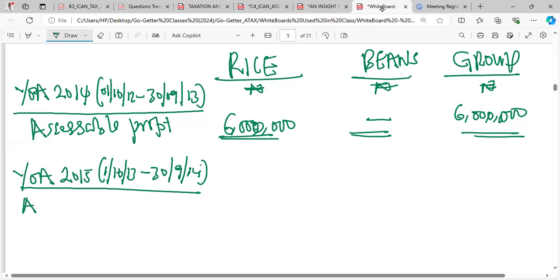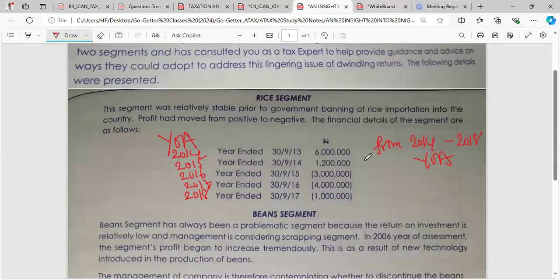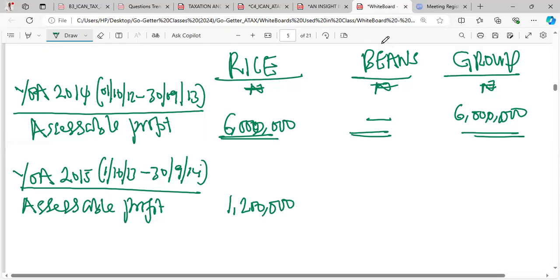So we have accessible profit 1,200,000. Let's check for beans. Do we have anything for beans? In that year, we have a loss of 4.5 million. So for profit, you have a dash. Accessible loss, we have dash here, we have 4.5.